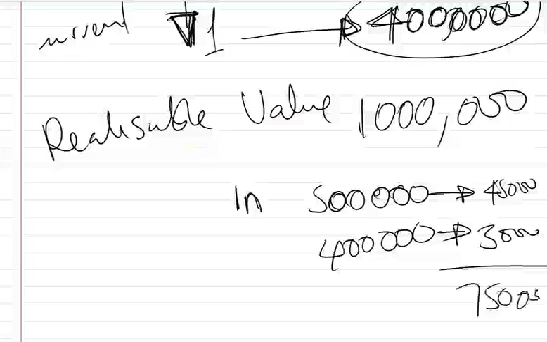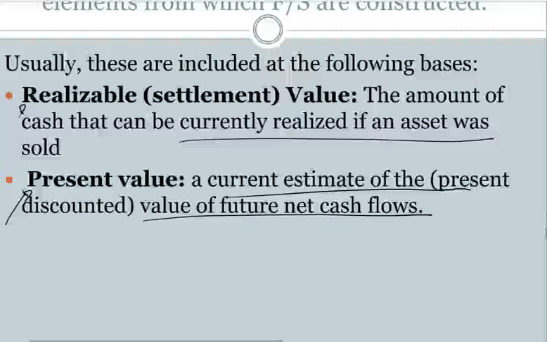So the present value is the current estimate of value of future net cash flow. You're saying, what am I expecting to receive from the use of this asset for the remaining useful life of the asset? So that's how I've differentiated the models.